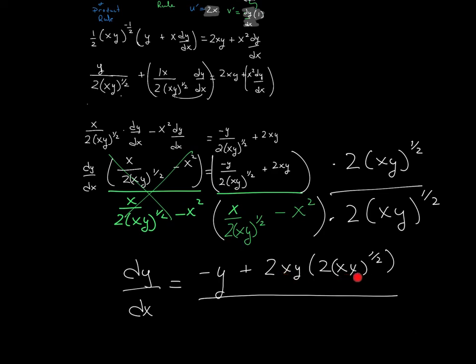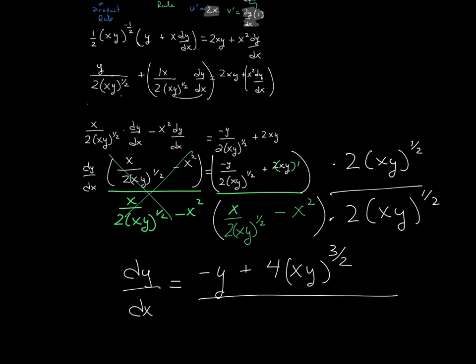I can add those together and combine the 2's, and that will leave me with 4x, the quantity of xy to the 3/2 power. And again, what I did there is that's 2 times 2, which is my 4. This is xy. Think about that as being to the quantity of 2 to the first. And over here, this is xy to the 1/2, so I can add those exponents together. 1 plus 1/2 is 3/2.